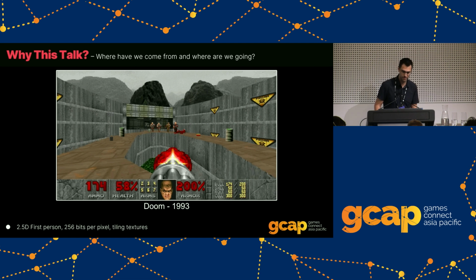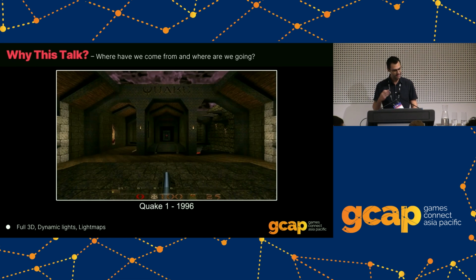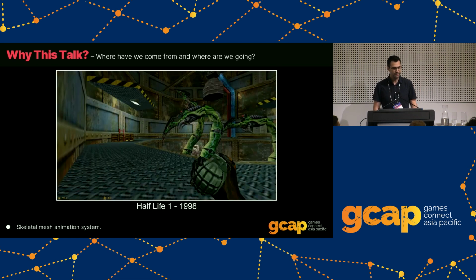Then in 93, it was Doom, so now we got our first 2.5D. Not first. Anybody who's been here a while is like, well, actually. So then in 96, there was Quake, fully 3D, right? And then 98 was Half-Life 1, so skeletal mesh animation.